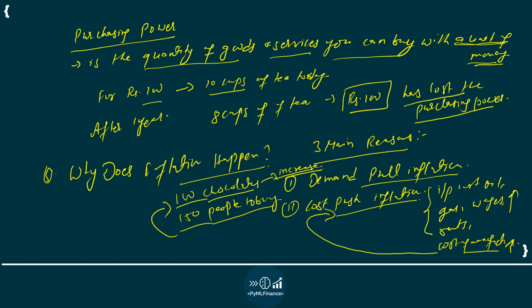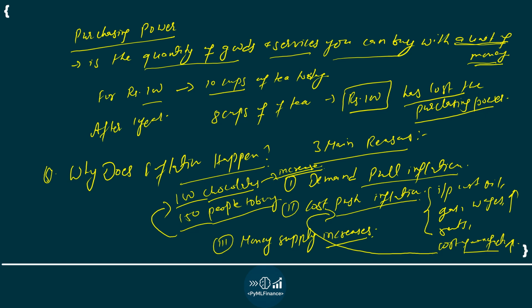Now the third reason is an increase in money supply. When the money supply increases in a region, that is, in a country, then also the prices of goods increase. Let's say a government or the central bank of the country prints more money without increasing the production.